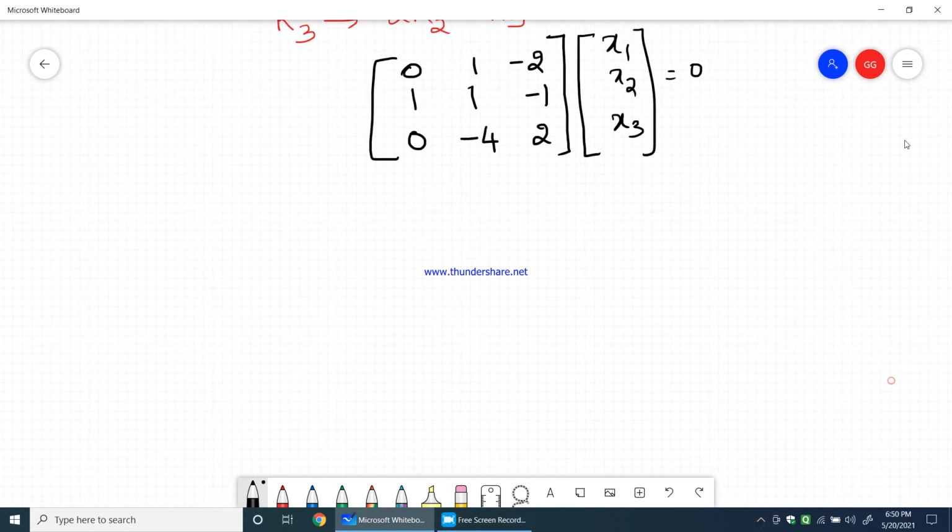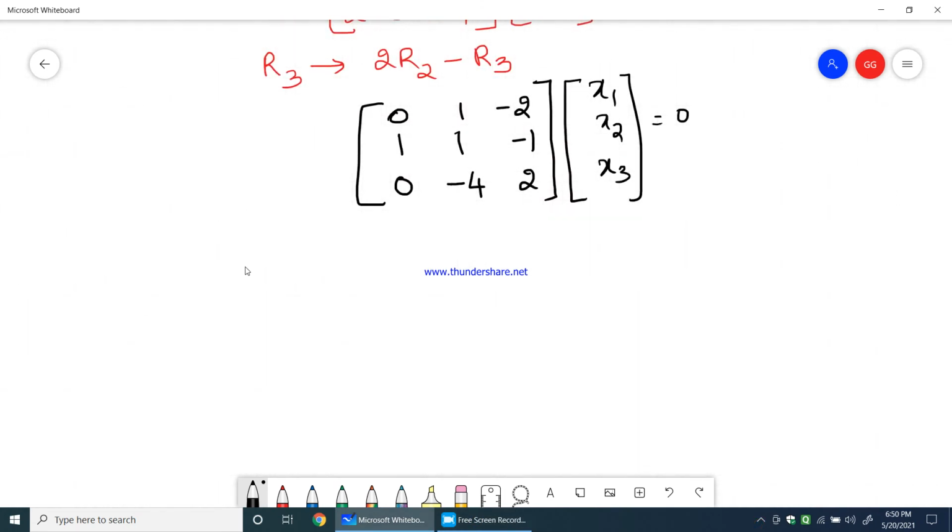So now what I'll do is I'll go with R1 and I'll say R1 would be equal to R2 minus R1. So what will I get? R1, which is 1, 1 minus 1, which is 0, minus 2 plus 1, right?